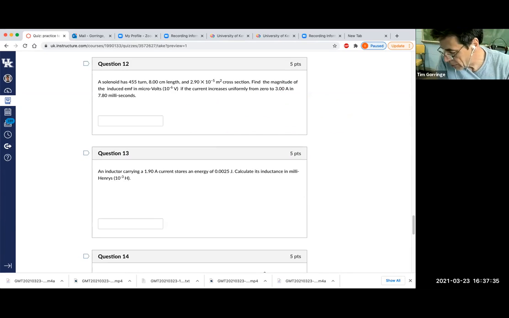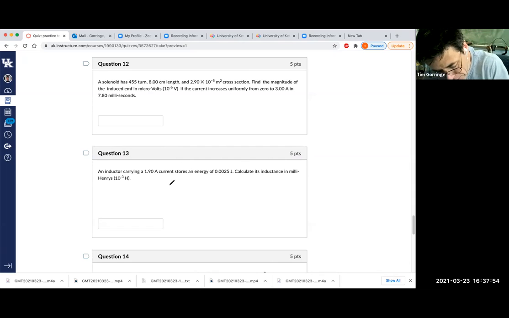Okay, question number 13 is calculate the inductance of an inductor in millihenries if it stores 0.0025 joules when carrying a current of 1.9 amps.